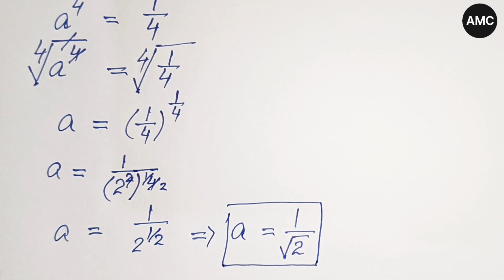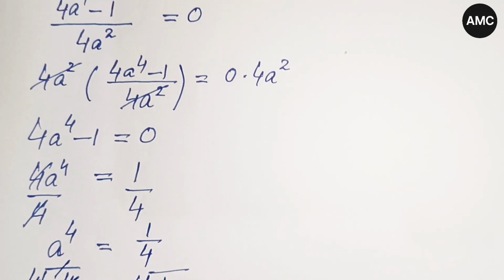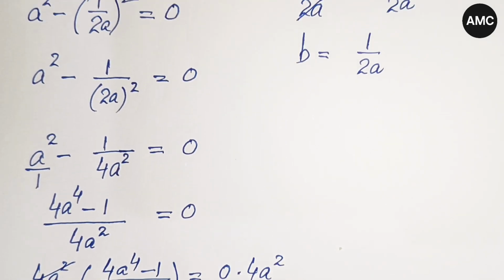So now, as we know, recalling our equation, that b is equal to 1 over 2a.